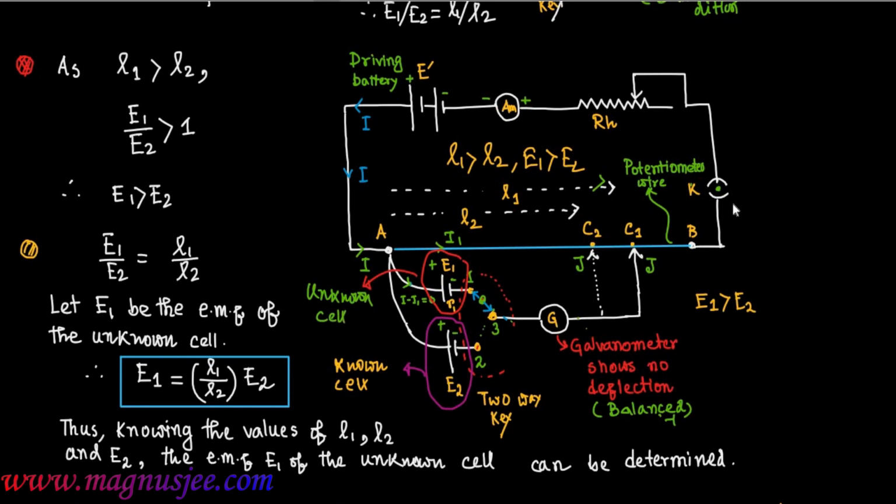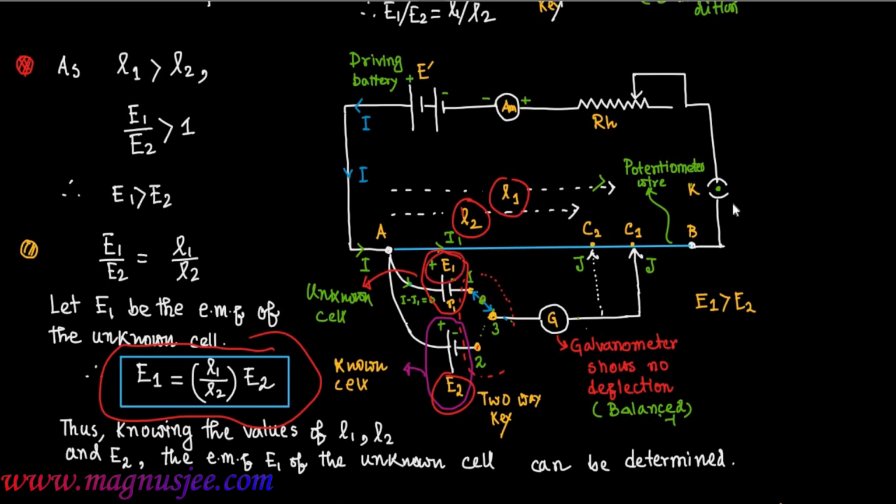In that case, by knowing the values of L1, L2 and EMF E2, we can find the EMF of the unknown electric cell E1, because E1 equals L1 by L2 dot E2.